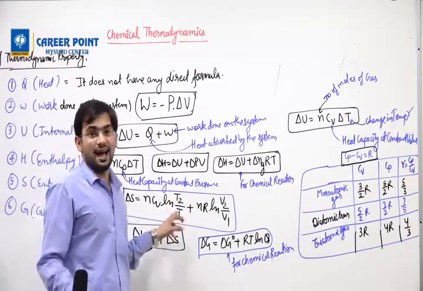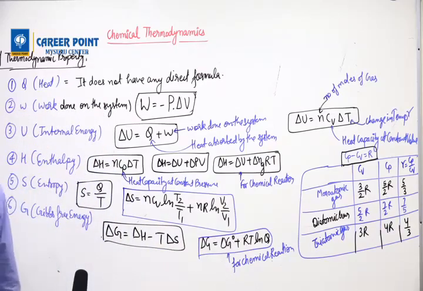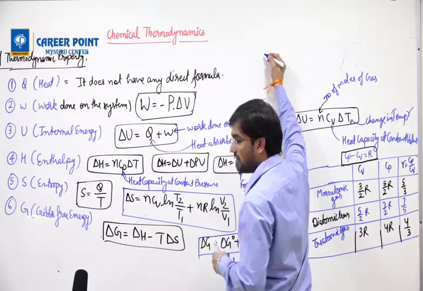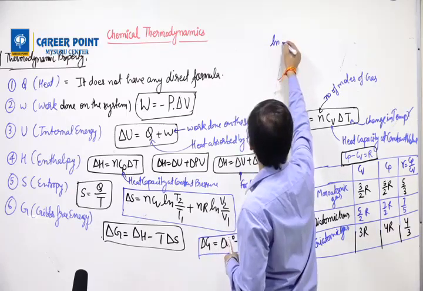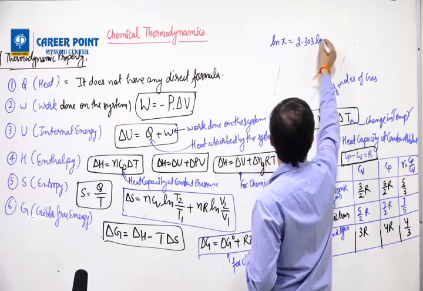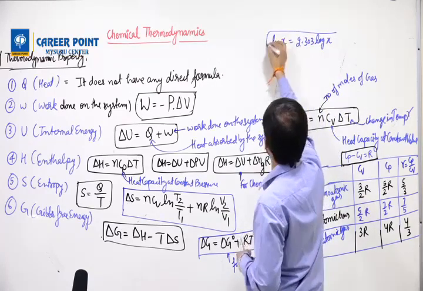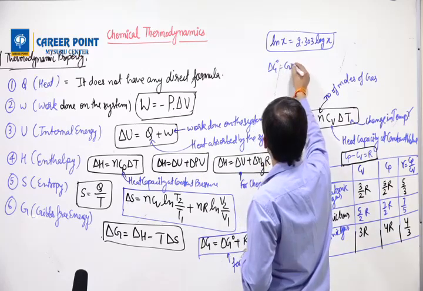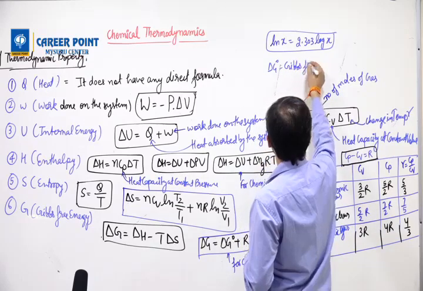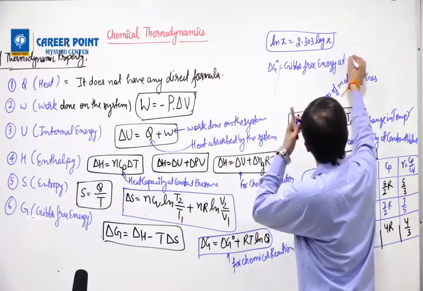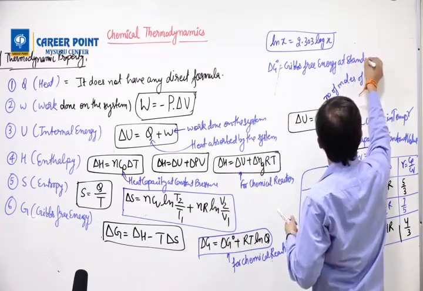What is ln? ln is logarithmic, base e. So here we can write, okay, it is visible: ln x equals 2.303 log x. This is one formula. And delta G naught is Gibbs free energy at standard state.